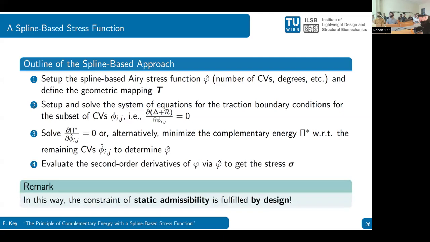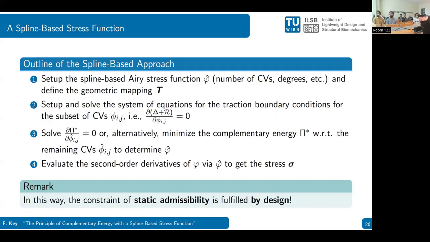Once we know our stress function phi hat, we can evaluate the second order derivatives of that to get the stress. And we have the stress distribution in the entire domain. So this is the outline of the approach. And as a remark, in this way, the constraint of static admissibility is automatically fulfilled through our ansatz, so we do not have to take any further action to ensure that.